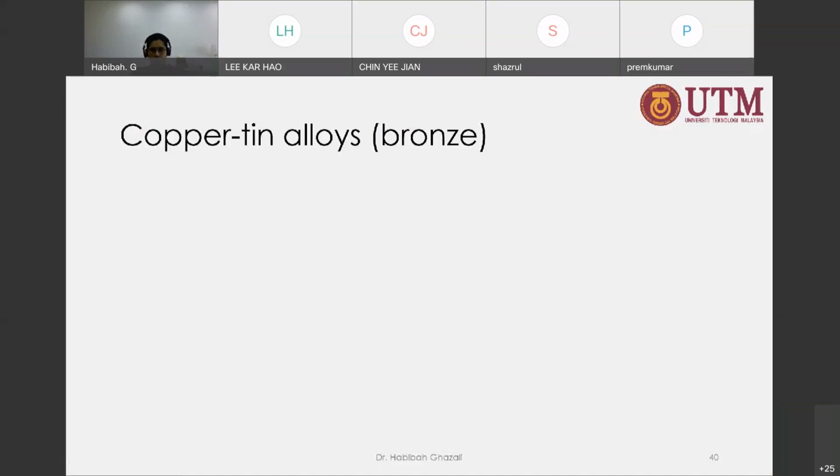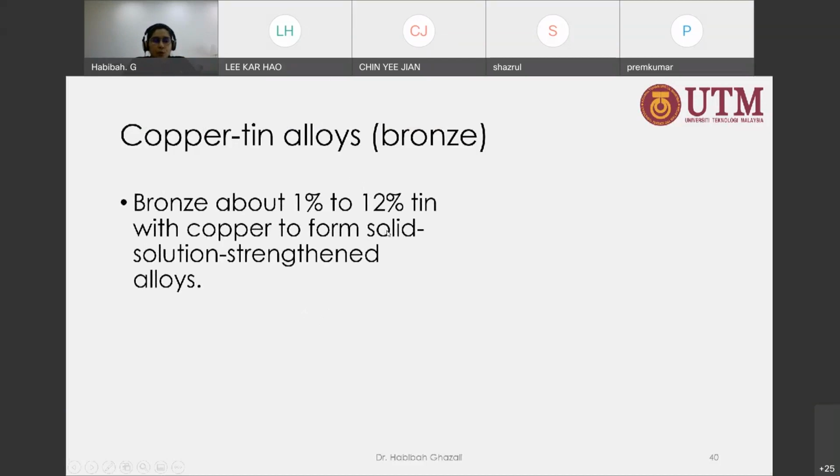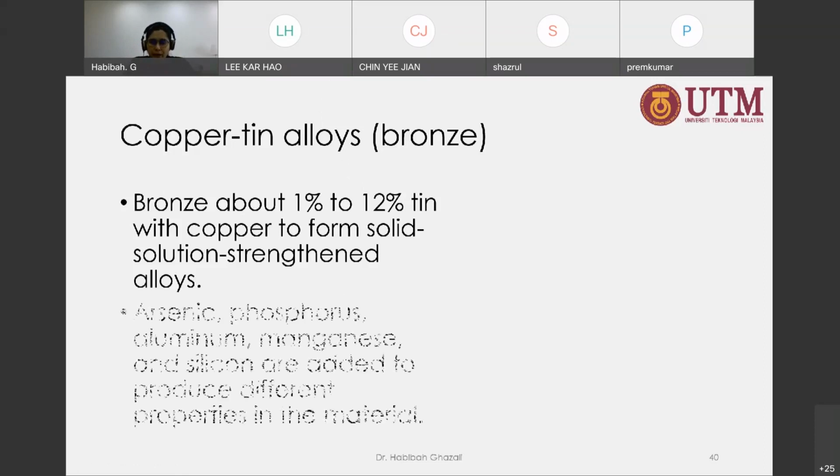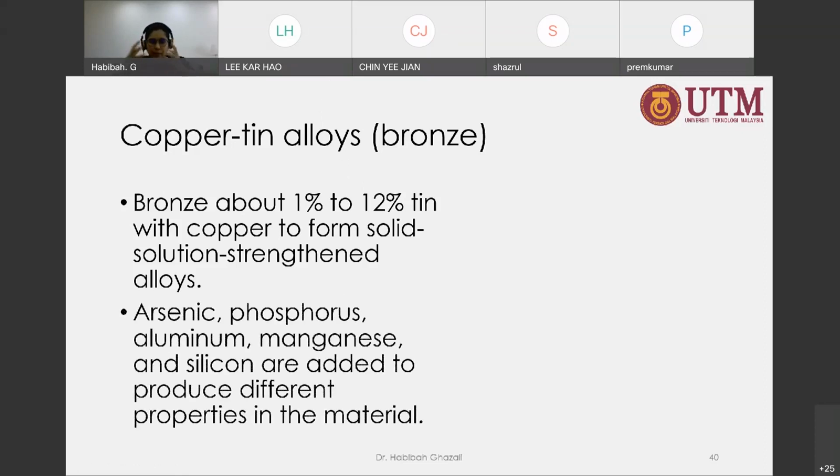Bronze is another type of copper alloy that has been used extensively in engineering applications as well. The alloy that we call bronze is normally when we have tin as the major alloying element. Bronze with 1 to 2% of tin is going to solidify as a solid solution alloy, so we have one type of phase in the final microstructure.